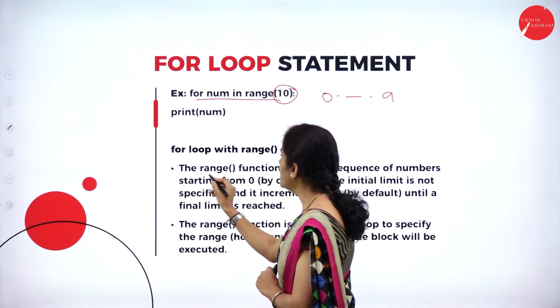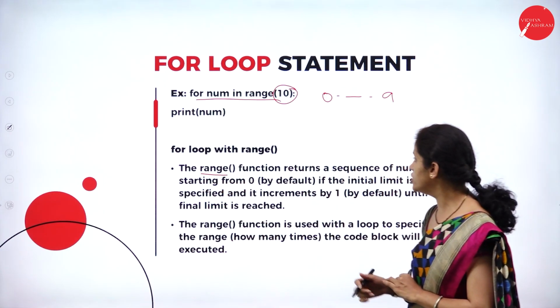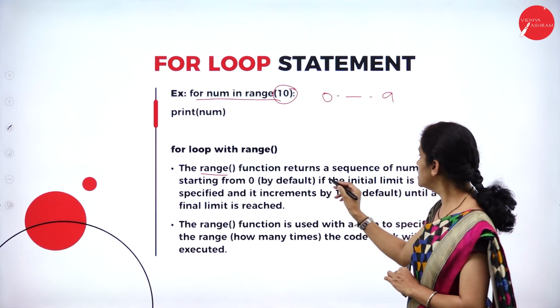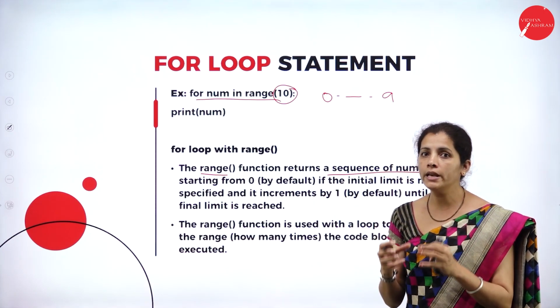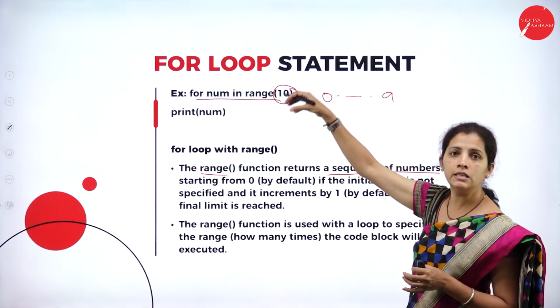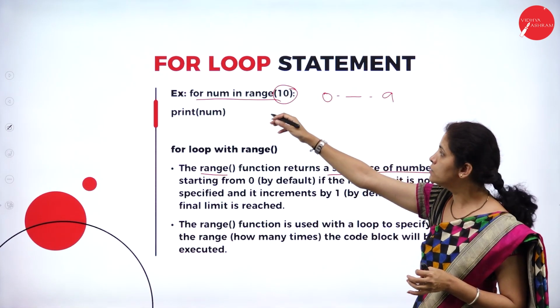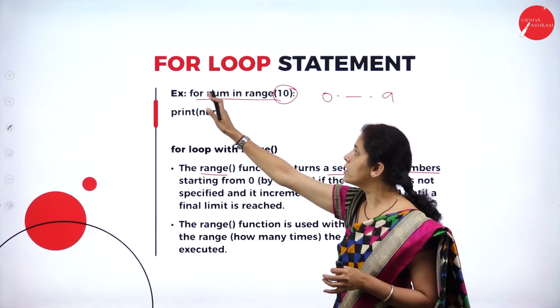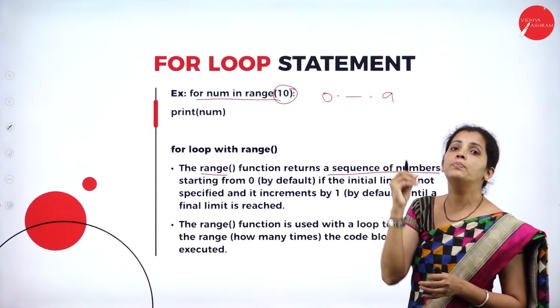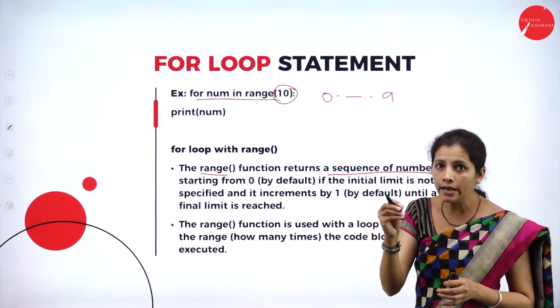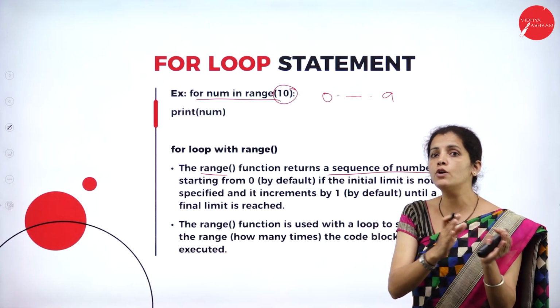So here range is nothing but a function which returns a sequence of numbers. In the sense, how many times I want to repeat this statement. Okay, so how have I written here? For number in range 10. In the sense, I want to print 0 to 9.